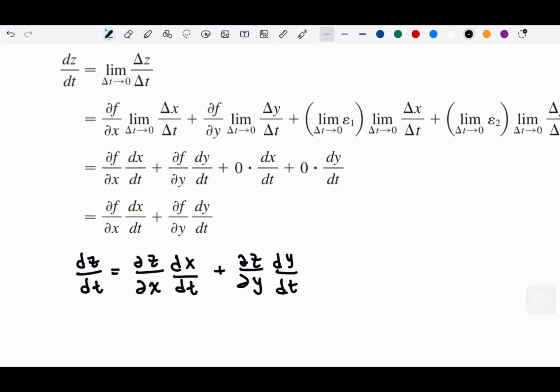So basically, we can let some variable, let's say a parameter, be t here. All of these variables will be differentiated with respect to this variable t. So we are going to make a path, a way to make this structure of dz dt.